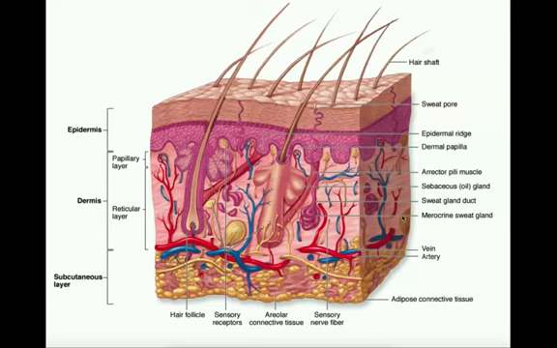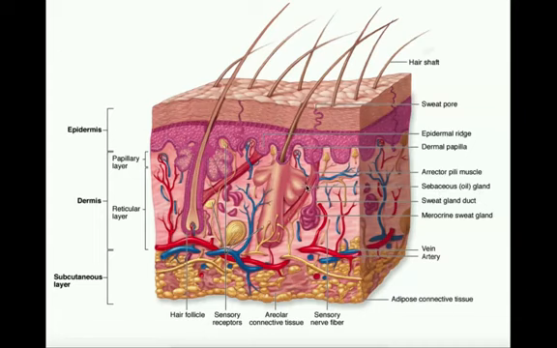They have a duct, as you see right here, and a pore that penetrates the surface of the skin. As I mentioned, merocrine sweat glands produce the regular sweat that we normally think of. We'll talk about those in more detail in a separate video. We also have a special kind of gland called an oil gland, or more specifically, a sebaceous gland.